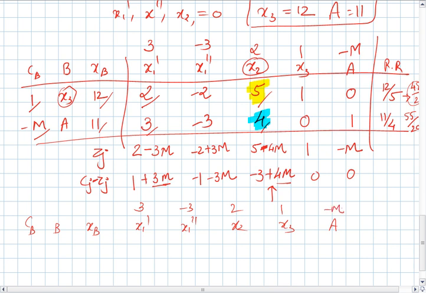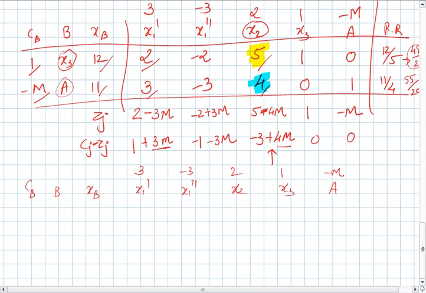Here we are keeping a because a is not removed from the basis. So x3 is replaced by x2, a is there itself with coefficient -M, and x2's coefficient is 2. Now to make this entry 1 we have to divide by 5, so here it will be 12 by 5, here 2 by 5, here -2 by 5, here 1, here 1 by 5, and here 0.